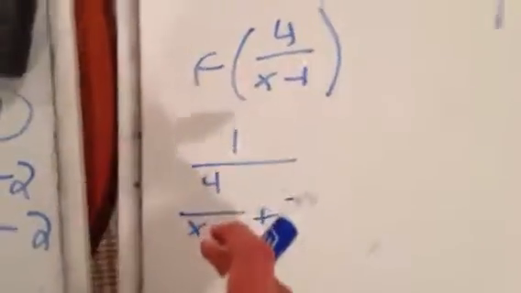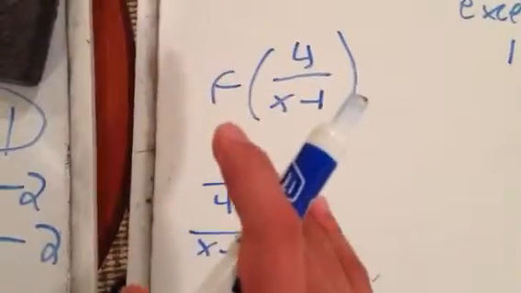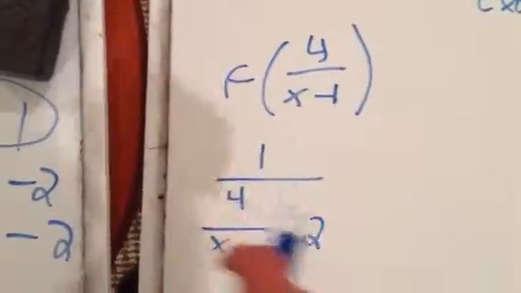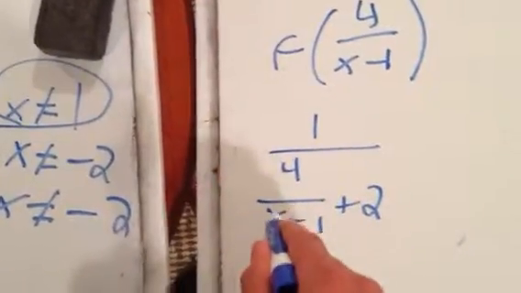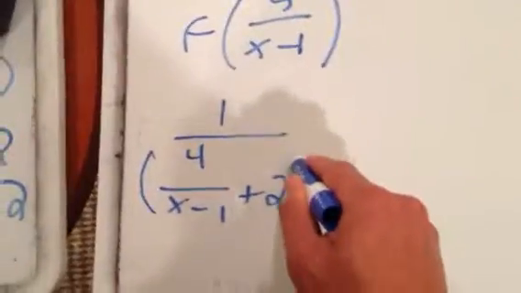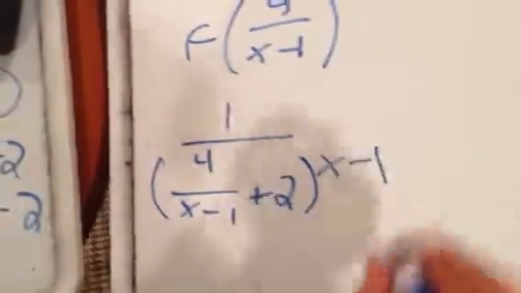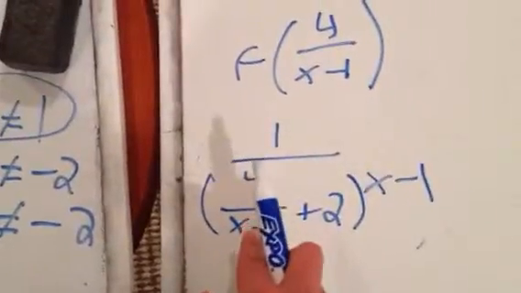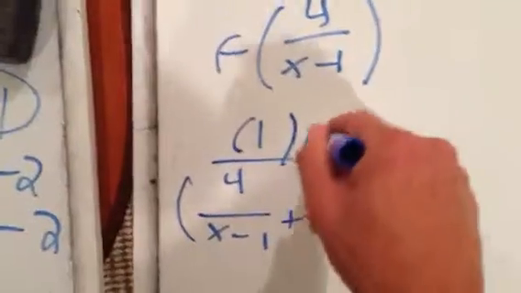We have a fraction within the fraction, and that's very annoying. So what we need to do is get rid of this fraction right here. And how do we do that? Let's find a common denominator. We're going to multiply this by x minus 1. And what we do to the denominator, we have to do the same thing in the numerator. So let's multiply this out.